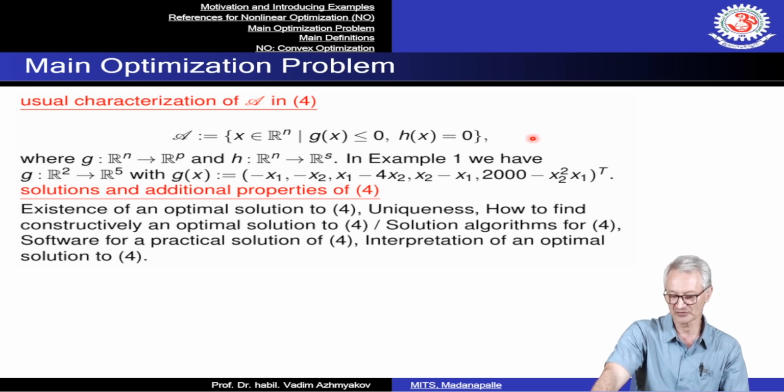In the vector case, we can summarize this as a vector inequality and a vector equality with the right hand side equal to 0. For example, we can give this admissibility set calligraphic A. For example 1, in this case we can define function g in such a way.